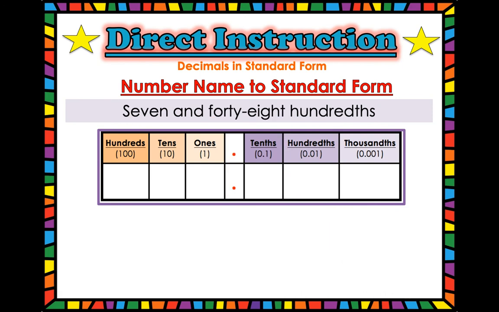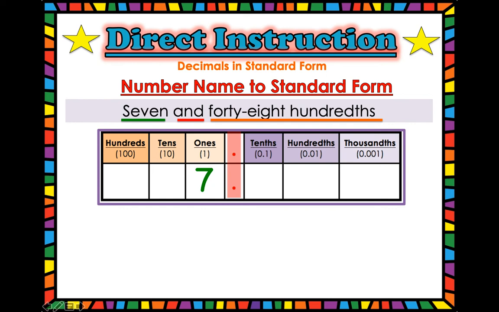Okay, so here we have another one. We have 7 and 48 hundredths. Okay, again, 7 is in the ones place. It's the whole number. The "and" is going to represent the decimal. And then the 48 hundredths is going to go after the decimal. Okay, and we know that we're going to stop at the hundredths place because that's what it says here.